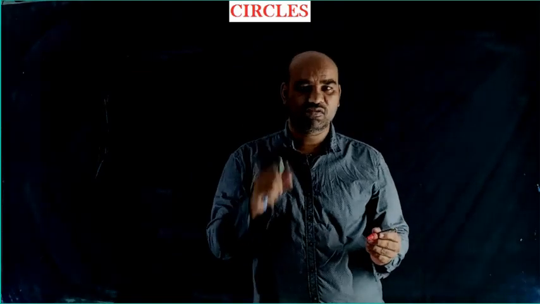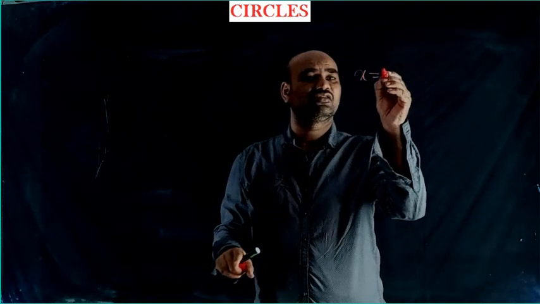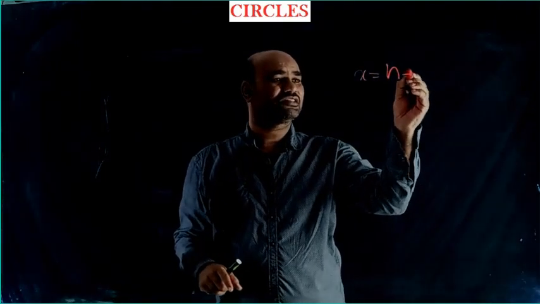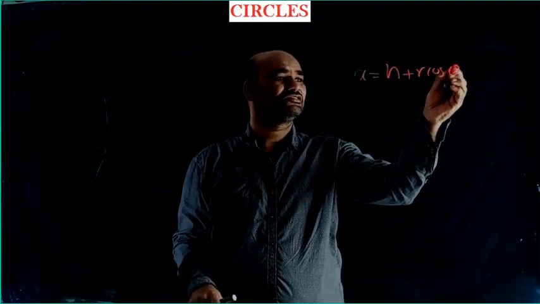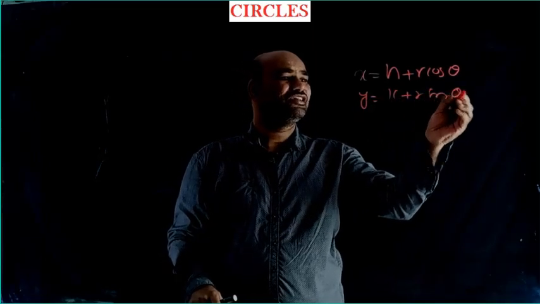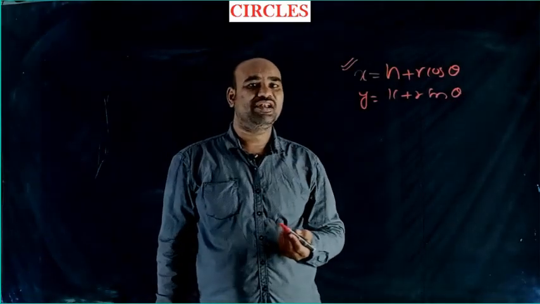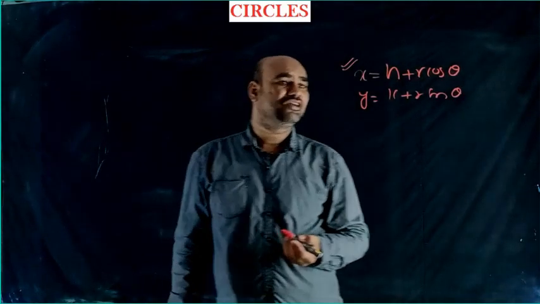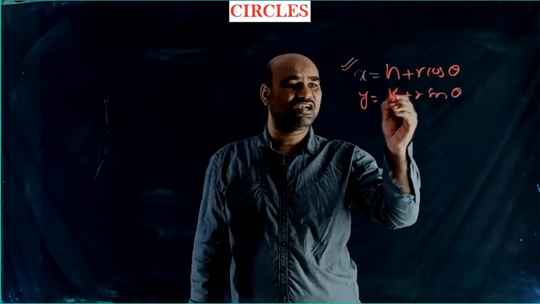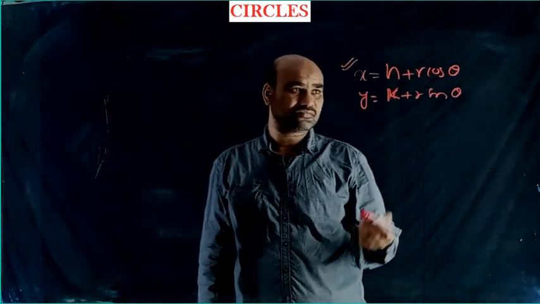Okay students, we just discussed the parametric form of a circle equation. x equals h plus r cos theta, comma y equals k plus r sin theta is treated as the parametric equation of a circle, where h comma k is the center of the circle and r is the radius.